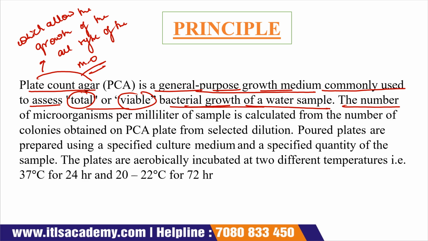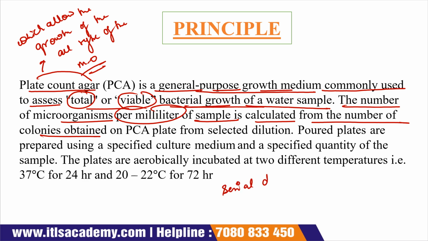The number of microorganisms per milliliter of the sample is calculated from the number of colonies obtained. So how many colonies we obtain in a plate is used to determine the number of microorganisms per milliliter present in a sample. This is done by serial dilution.